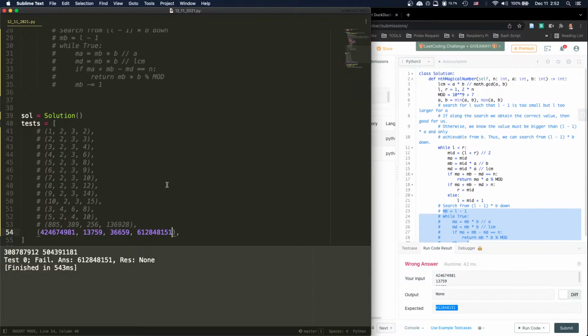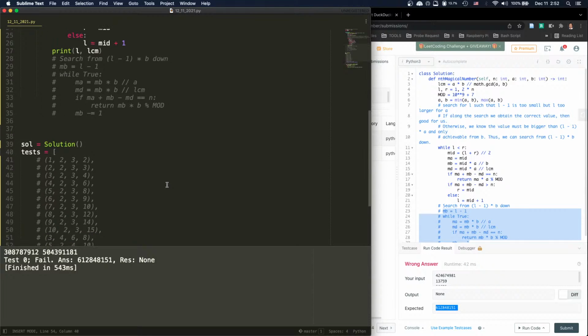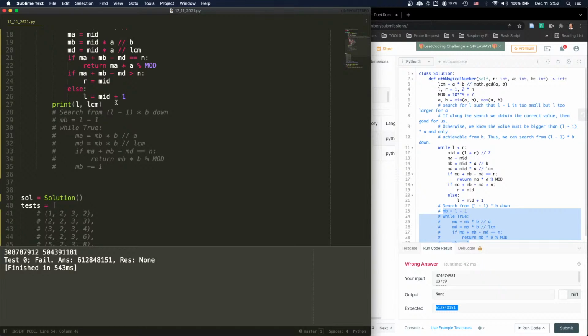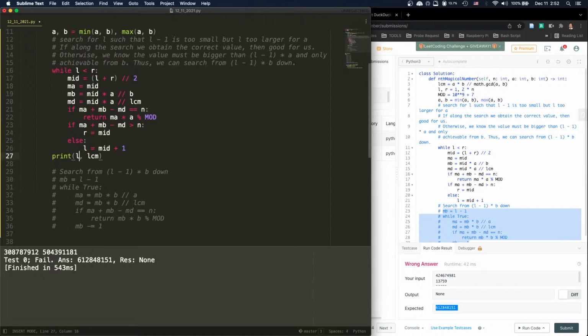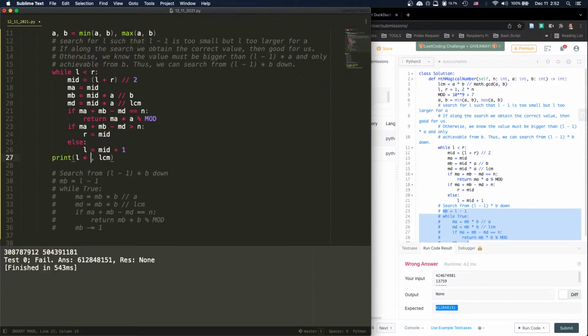All right, so we have this, right? What do we want to know? We want to know L times A, when it comes out as L times A, and L minus 1 times A. Oh, we need a mod.